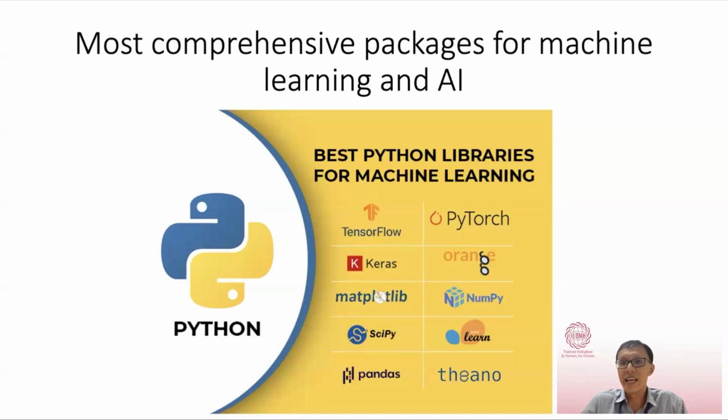Some of these include TensorFlow, Keras, SciPy, which is also very popular nowadays, and also sklearn, which has a very good network of people using it. So in terms of troubleshooting, there's also a big community that can help you troubleshoot a lot of the questions that you may have when you're using machine learning or AI.